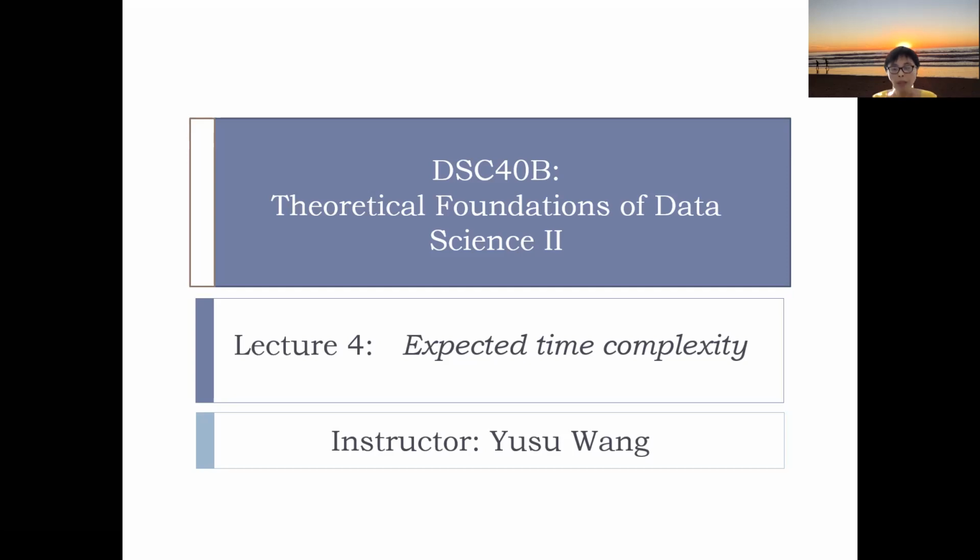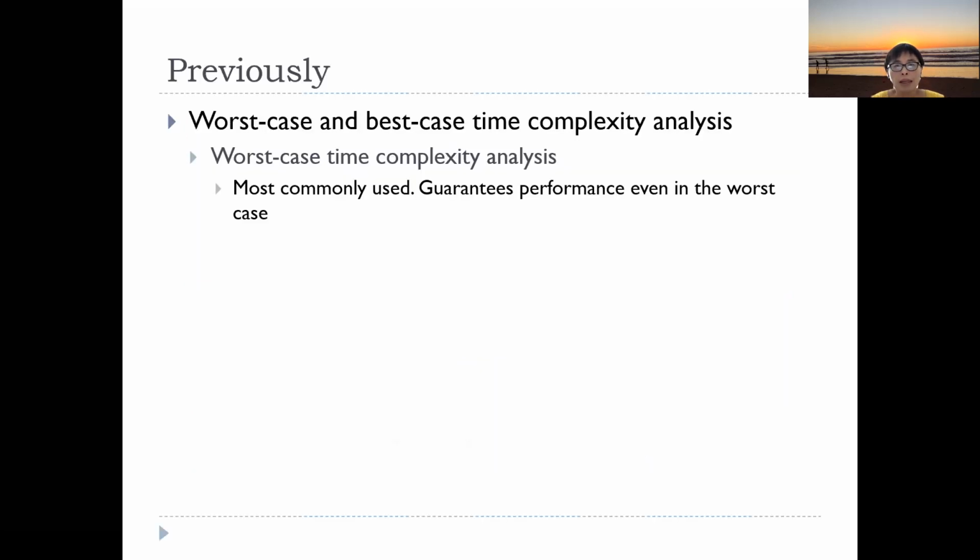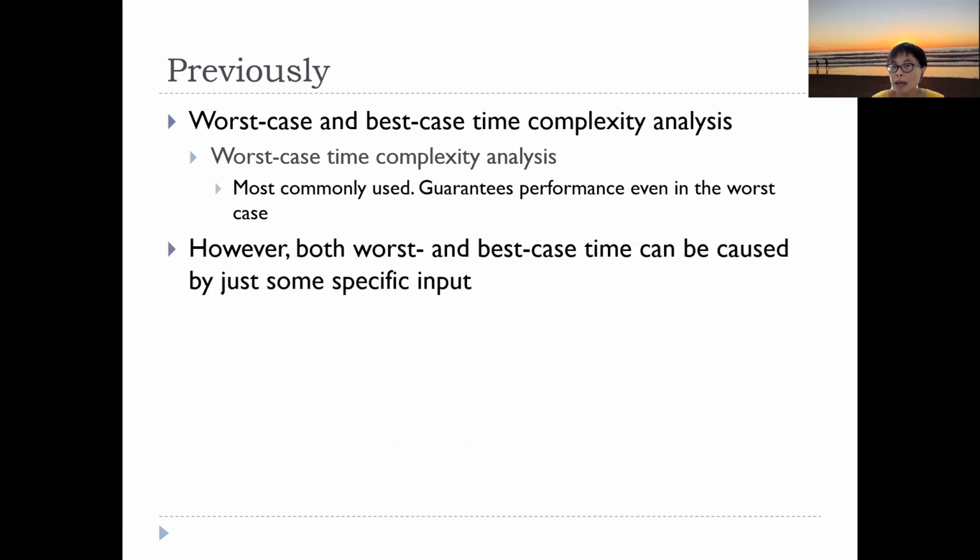Now, we said that in practice people like worst case, because it gives you confidence and a guarantee of the performance of your algorithm. It's also good to know the best case, although not as essential. But both worst case and best case can be biased by some specific input, and may not give you a feeling about the general performance of the algorithm.